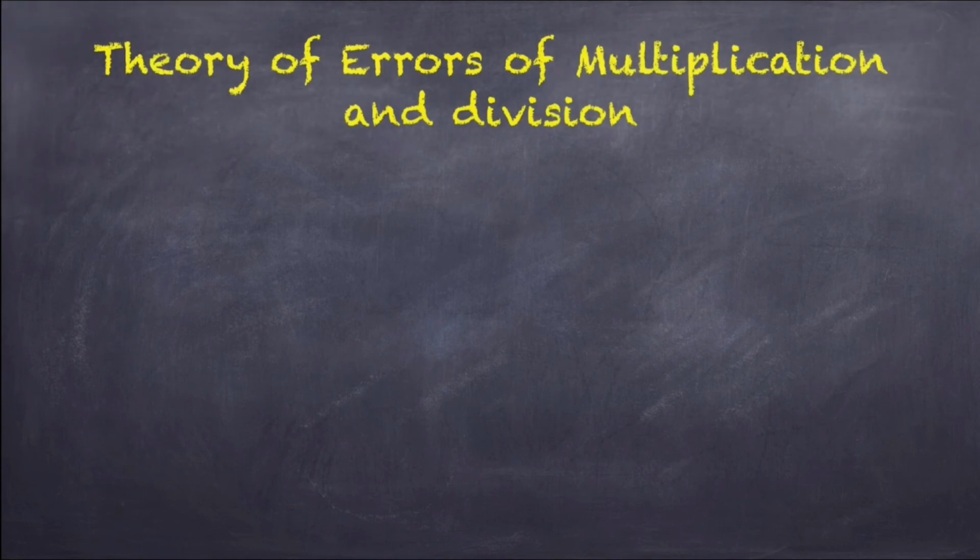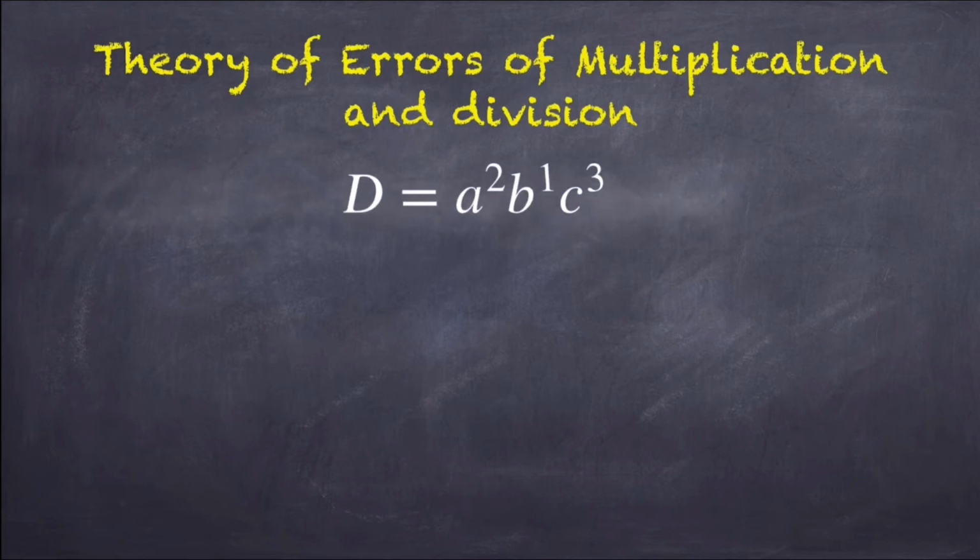Now let us study the theory of errors for multiplication and division. We will study this concept with the help of examples. Suppose D is equal to A square B into C cube. First of all, identify the variables which are on the left hand side of the equation.